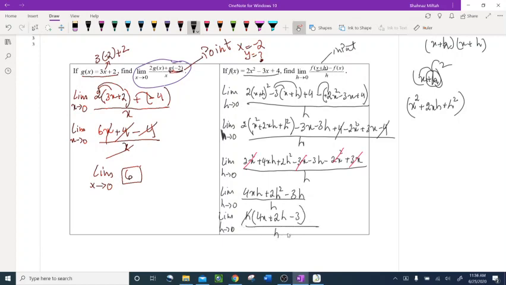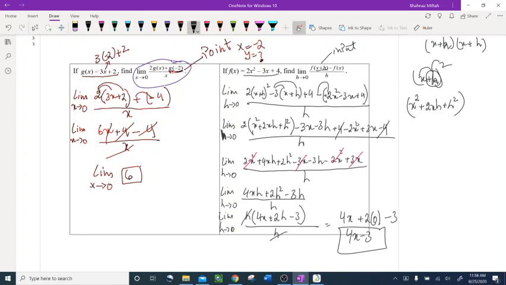Do you see this h and h cancel out? Now I don't have an undefined function. So now plug in h equals 0. So I'm left with 4x. This one is going to turn 0 when I plug in 0, minus 3. So it's going to give me 4x minus 3. And I don't have anything else to do with it. So that's the simplified form.